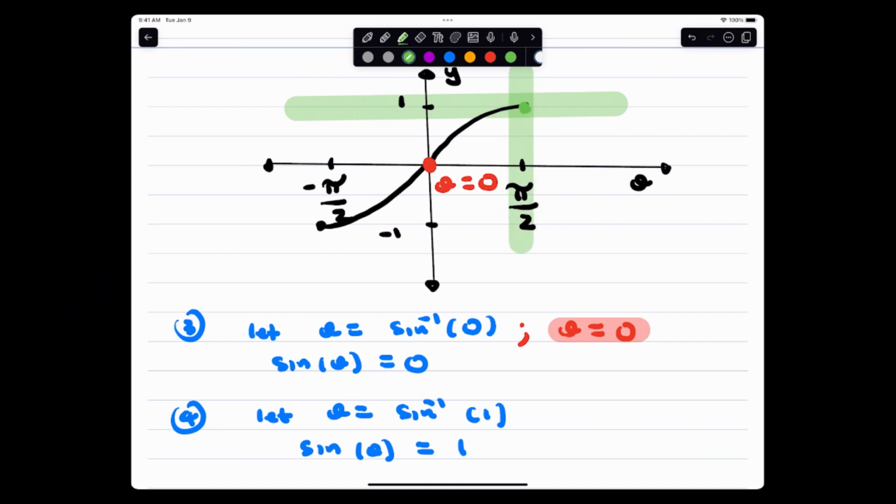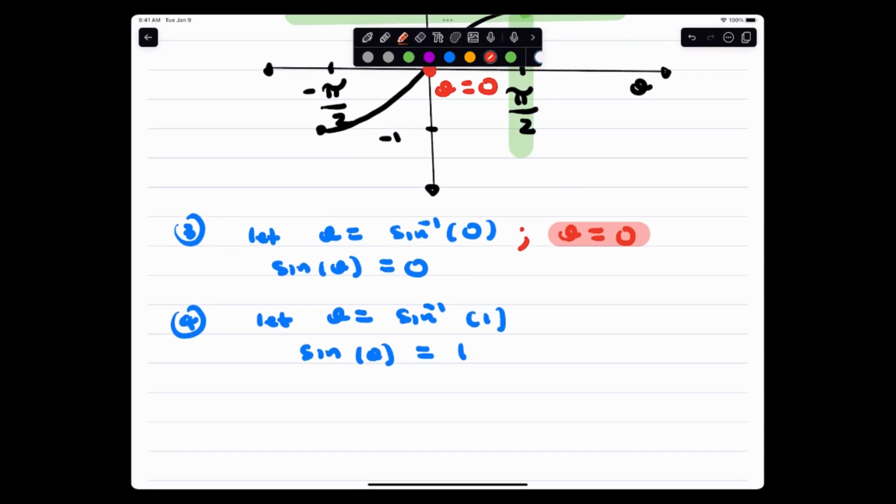See that, right? It happens when theta is what? Pi over 2. Easy peasy, lemon squeezy.